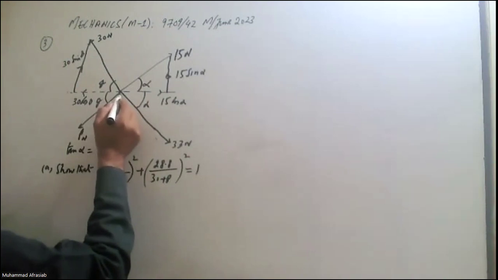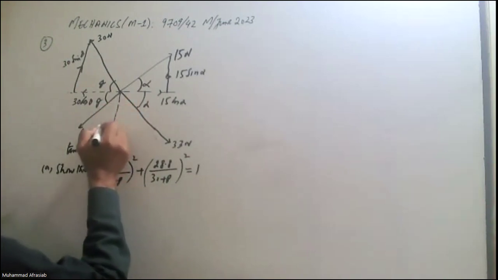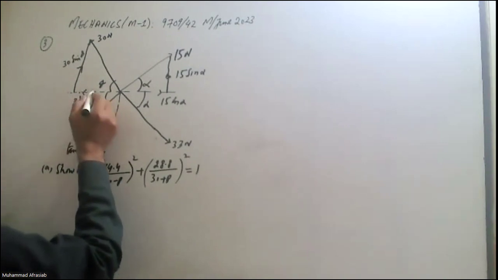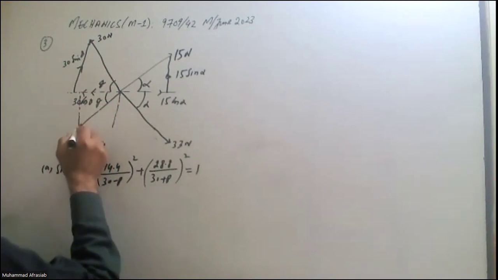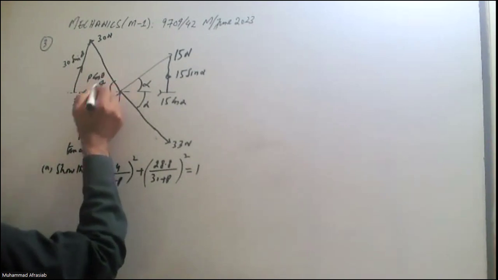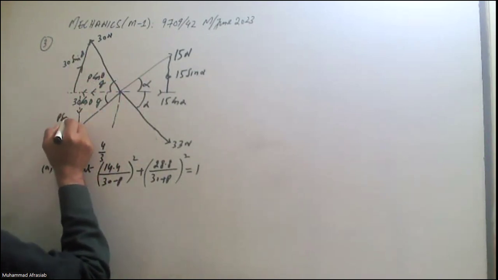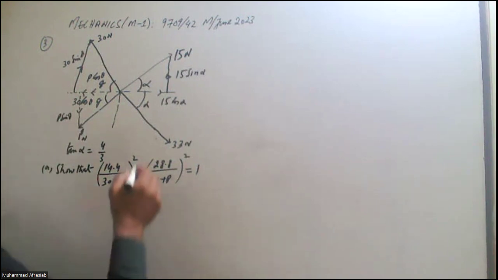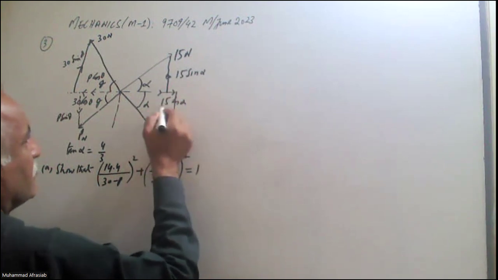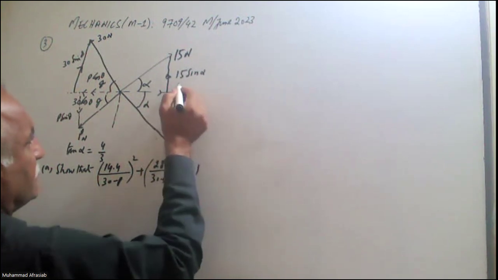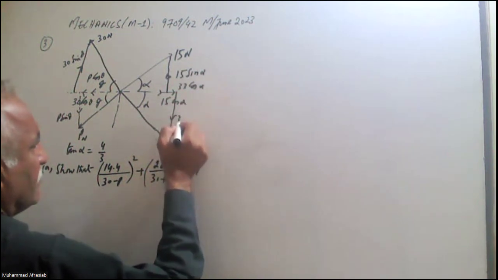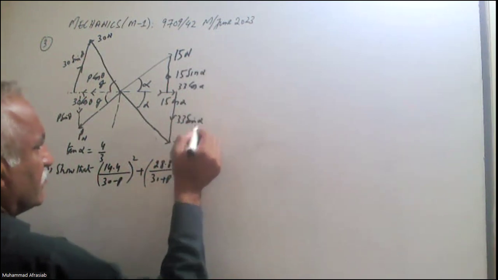Same with this one, you resolve it into components. Then this component is P cos of theta and this component is P sine of theta. This component would be 33 cos of alpha and this will be 33 sine of alpha.